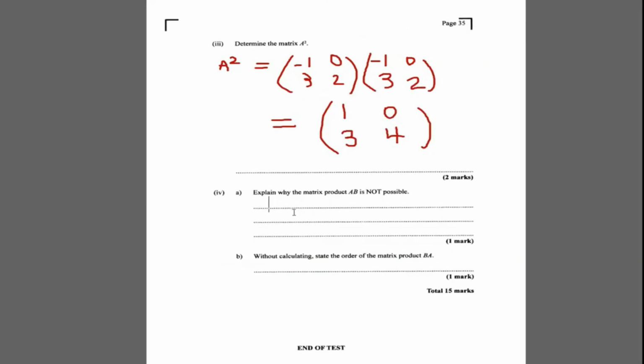All right, so the number of columns of matrix A is not equal to the number of rows of matrix B, and so AB is not possible.